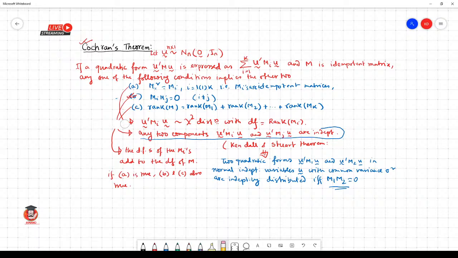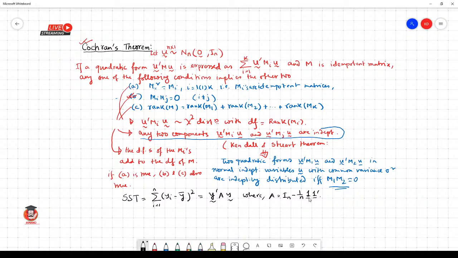Suppose in ANOVA actually we split the total variation SST, sum of square due to total variation, which is written as sum over i from 1 to n of (y_i minus y bar) whole square, and this is nothing but y prime A y, where A is this.